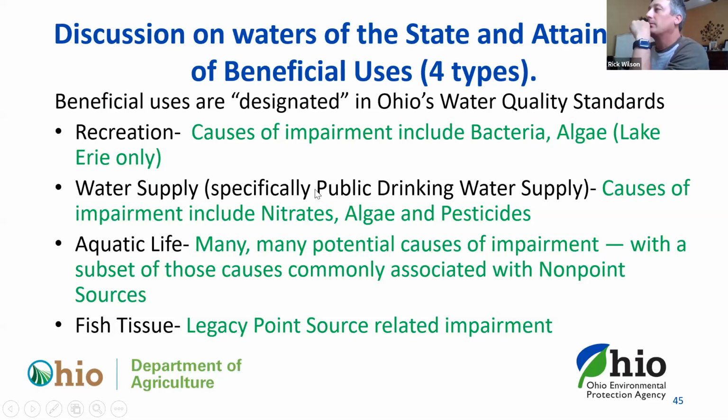Water supply: nitrates, algae toxins, and pesticides, all would be, you know, you would have goals to remove listings for those types of things. Fish tissue, the last one, I'm not going to cover a lot here because it's mostly legacy point source related. That would be like human health and fish tissue consumption.